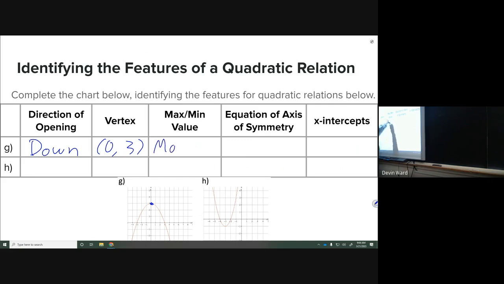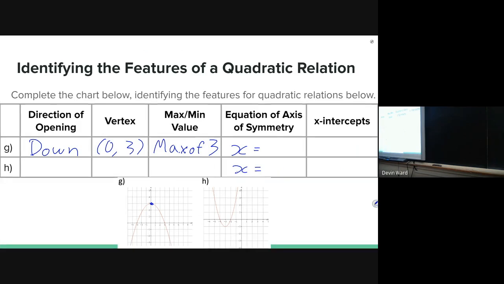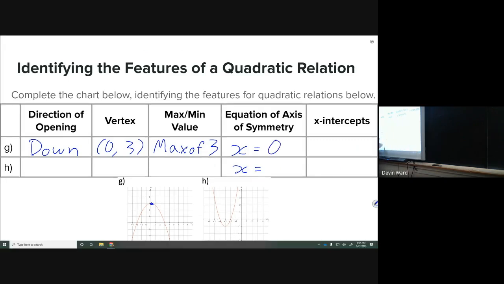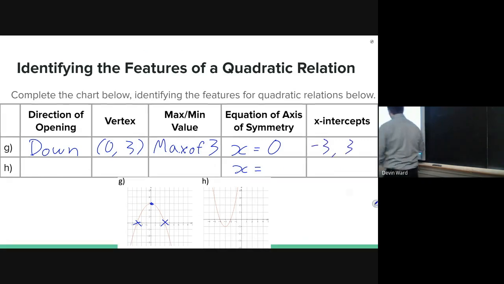And the max would be at 3. Good. Equation of the axis of symmetry would be x equals 0. Good. Now we have two x-intercepts again. If you can't tell on your sheet, it's hard to read, they're at -3 and +3.